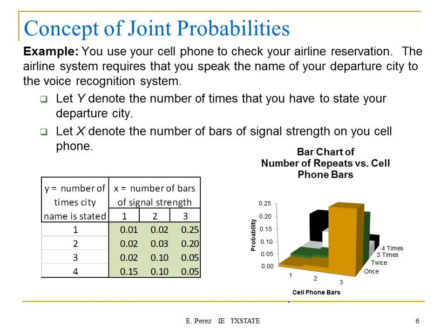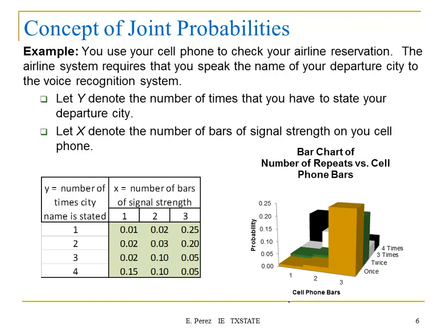So, the better the signal, let's say you have 3 bars, you'll see that the number of times that you really need to repeat the name of the city is going to be small. But if you have a bad reception, for instance, you have only 1 bar, then the probability is going to be higher for the number of times that you're going to have to repeat the city. Okay? And that's what we're trying to represent here with the table as well.